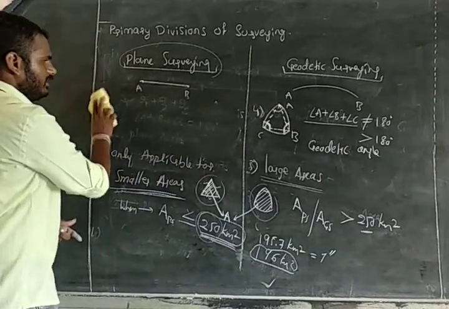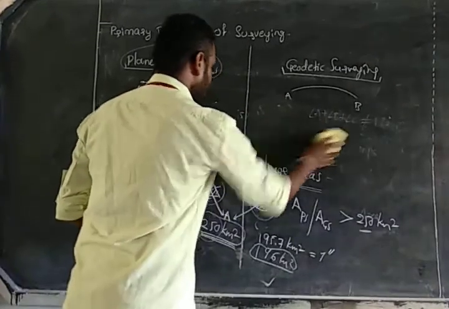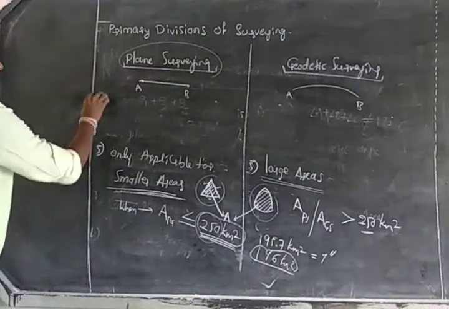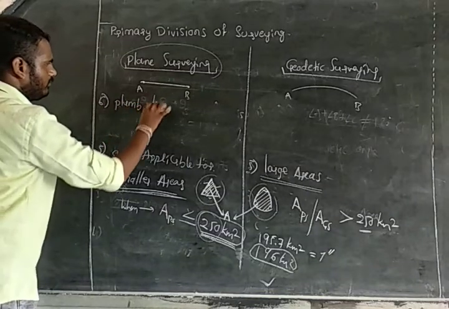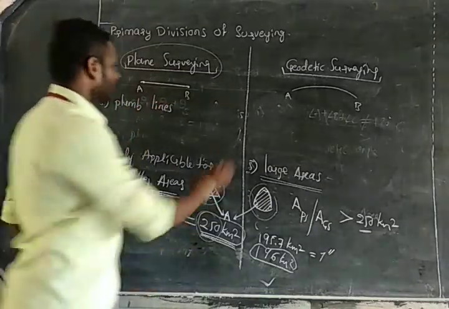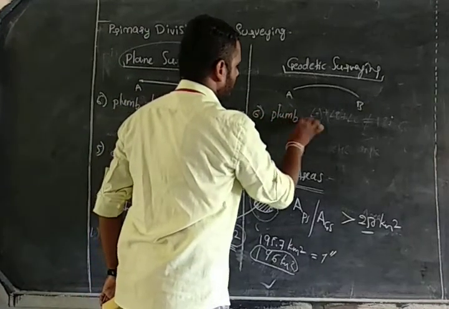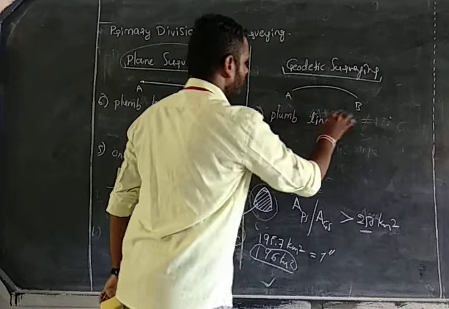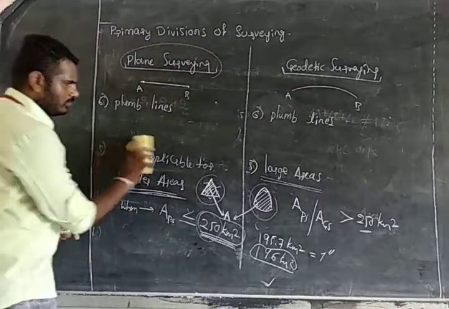The sixth difference concerns the plumb lines.